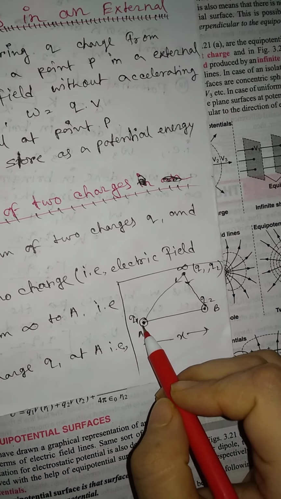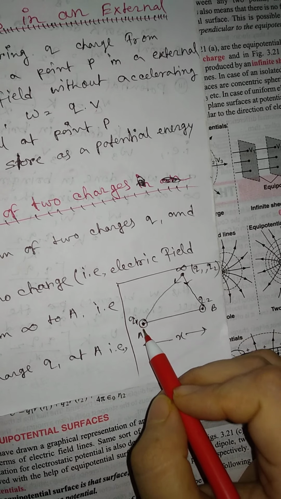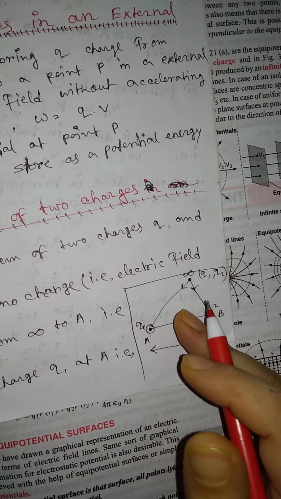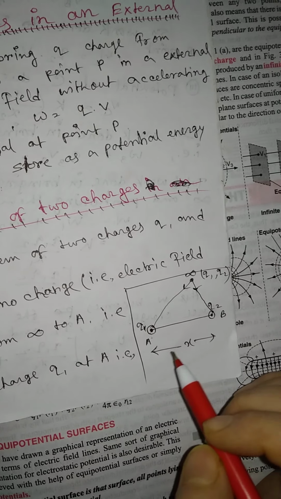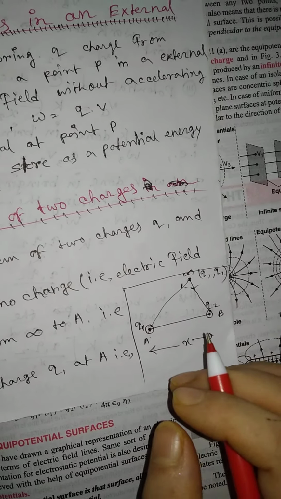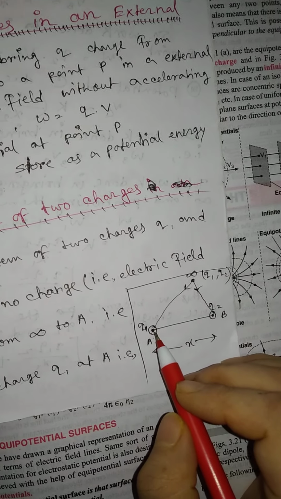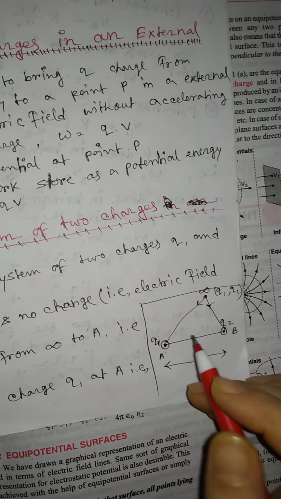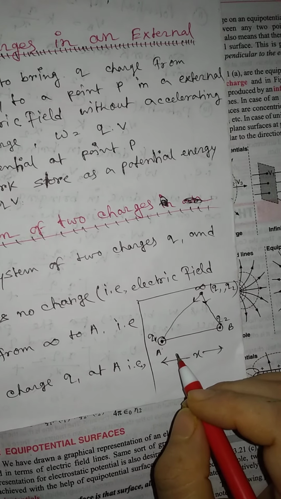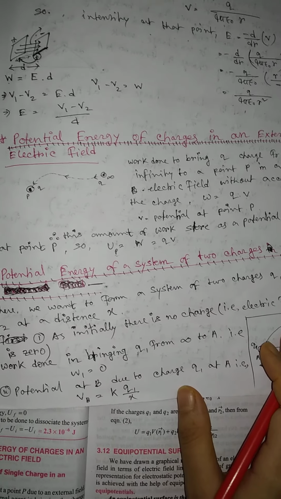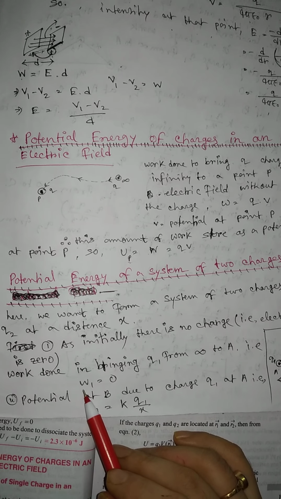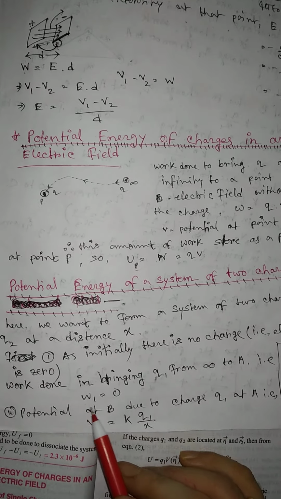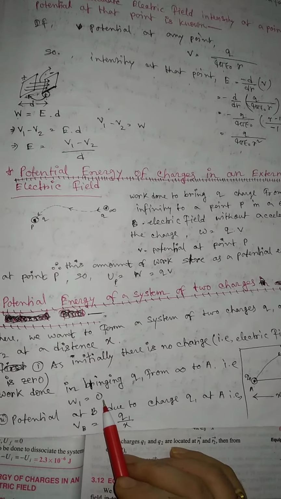When we bring Q1 from infinity to a point, since no other charges are present, no electric field is generated in this region. So if the electric field is zero, the work done W1 to bring Q1 from infinity also equals 0.